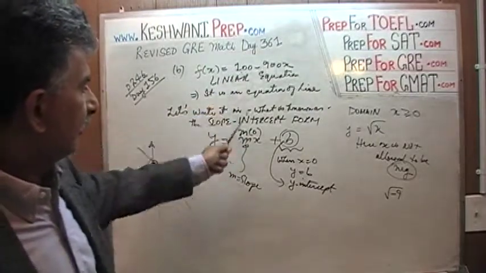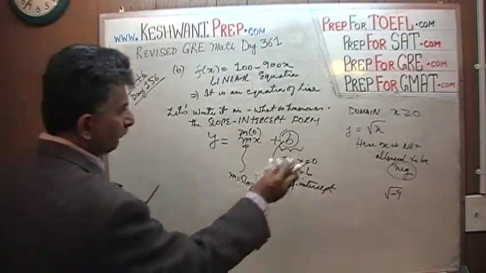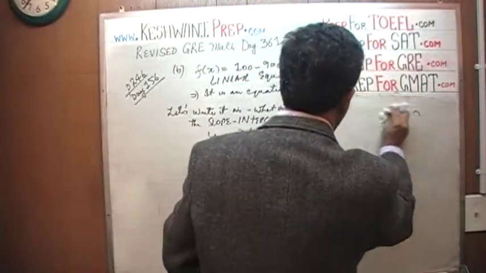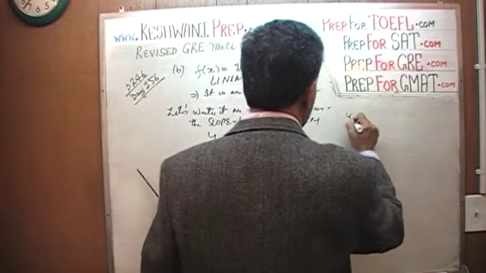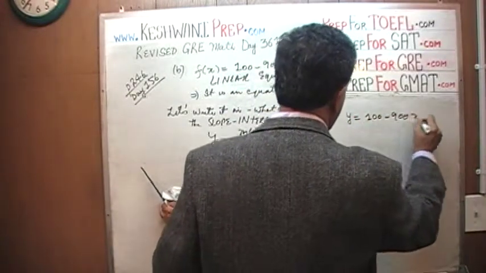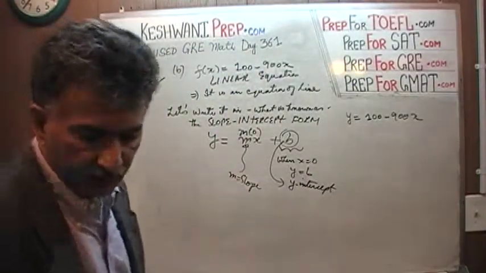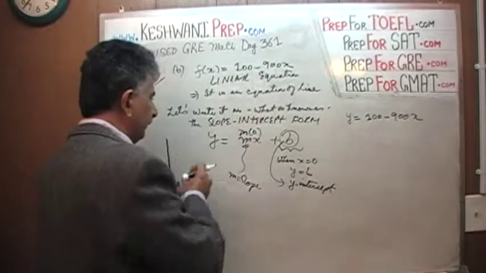So let's write this equation in the slope-intercept form, shall we? Let's do it here. So we are told that y is equal to 100 minus 900x. But it has to be written in this form. It has to be written as mx plus b.